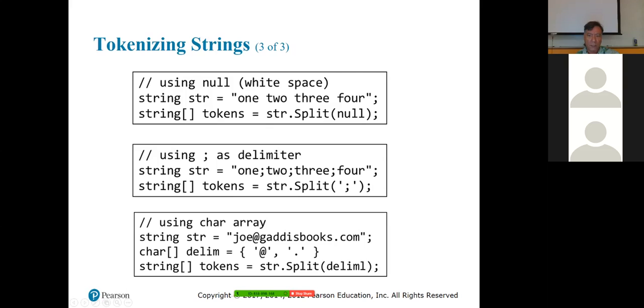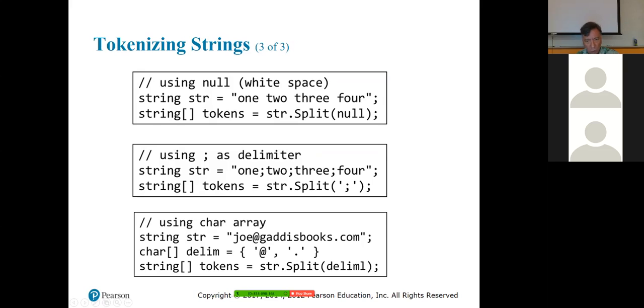And here we're using the semicolon as a delimiter. Here we can use an ampersand and a period. It's getting late. I'll show you that later. But anyway, this is going to split it into an array containing 3 elements.